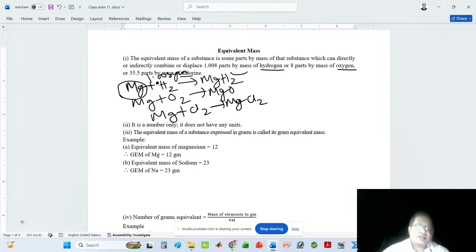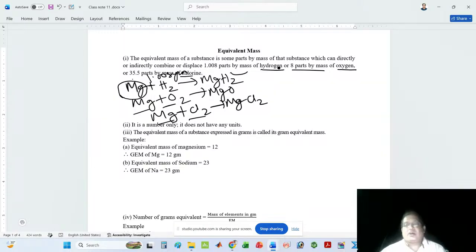Like that, you can also apply this concept: what amount of magnesium is used to react with 8 parts of oxygen? Similarly, for the chloride concept: what amount of magnesium is used to react with 35.5 parts of chlorine?